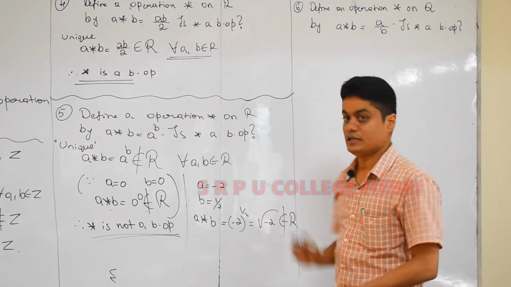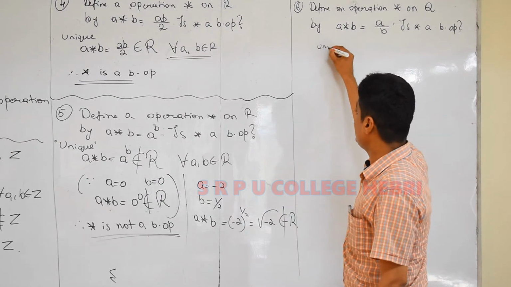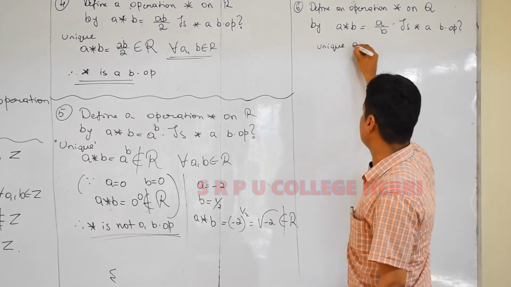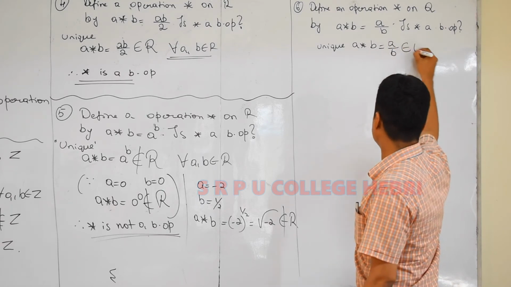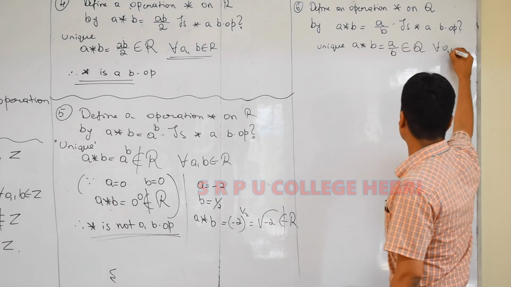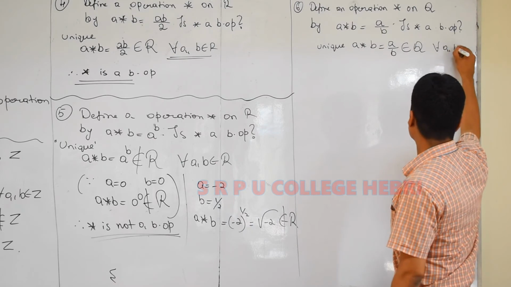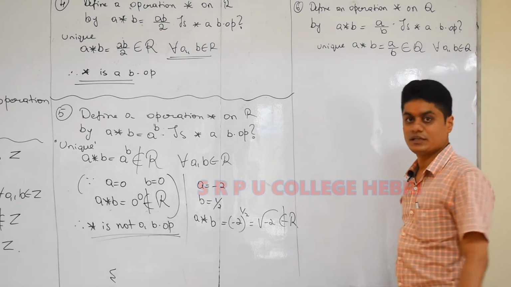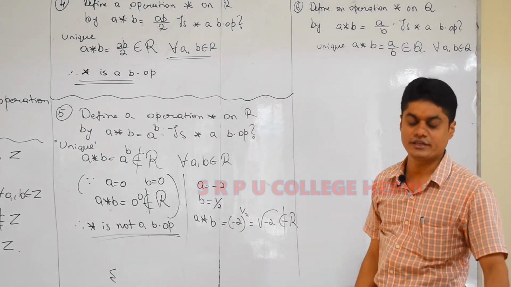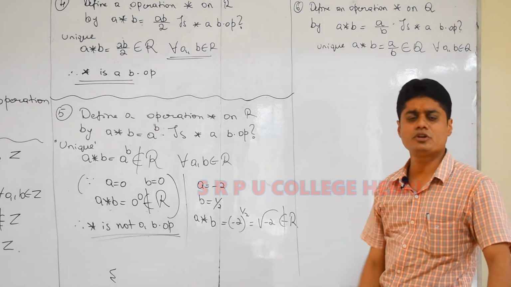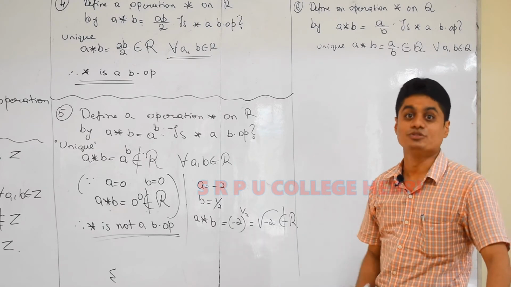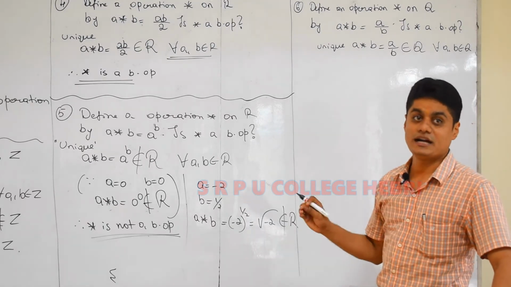Uniqueness is not an issue, as I told. Check whether a by b belongs to Q for all a, b belonging to Q. Is it always a rational number? A by b is a rational number, not an issue at all. But there is a problem where you can't say this is a rational number.